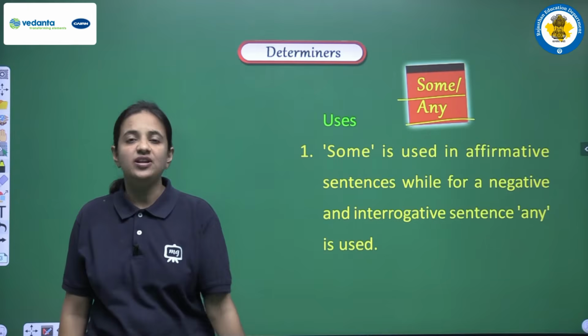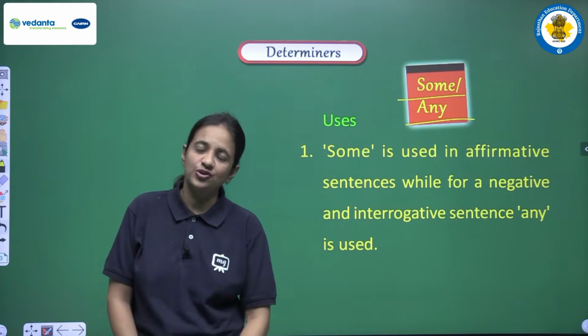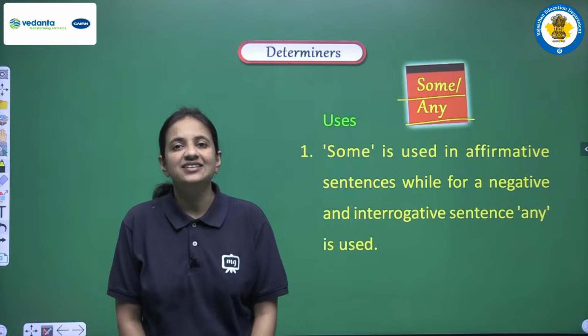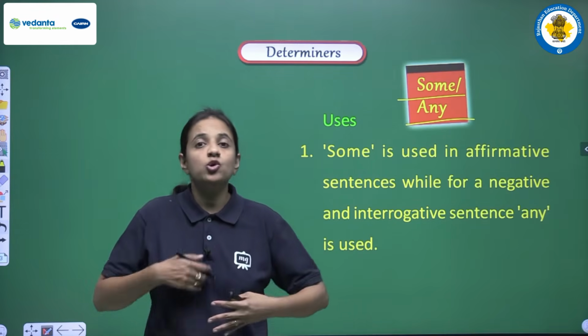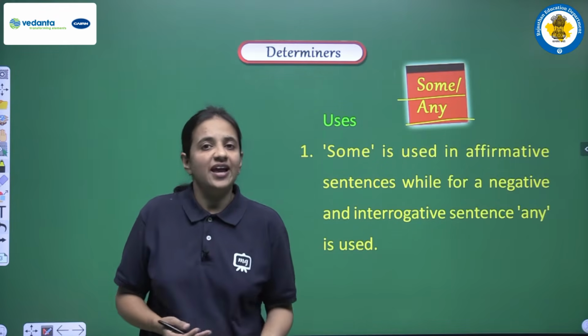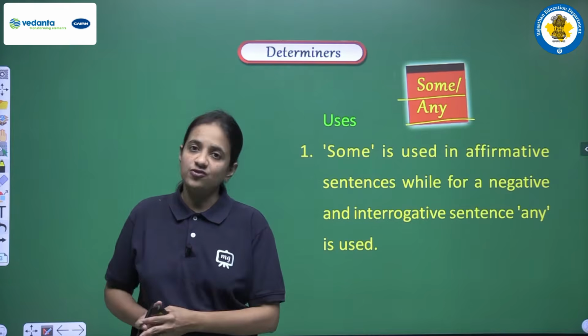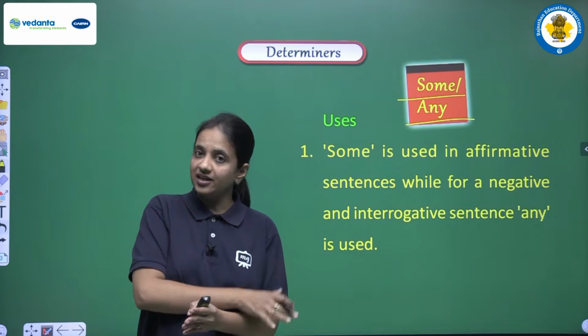Okay, so first of all, let me clear some things for you. Some and any are determiners. They are used to quantify something, right? And they are used for both countable and uncountable nouns. Till now one thing is clear: determiners are the words that are used for nouns, right? Now we all know noun in detail. We know that we have two categories, countable and uncountable noun.